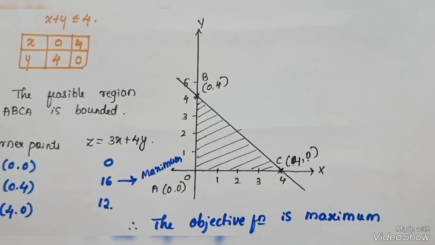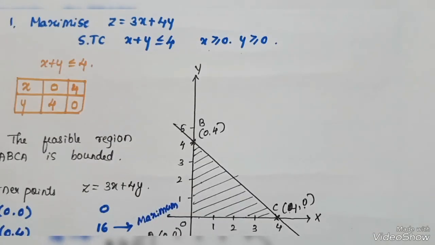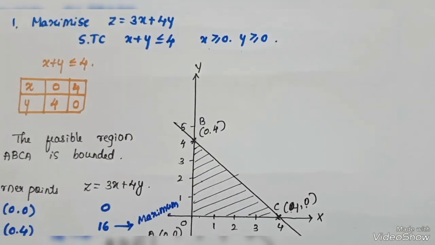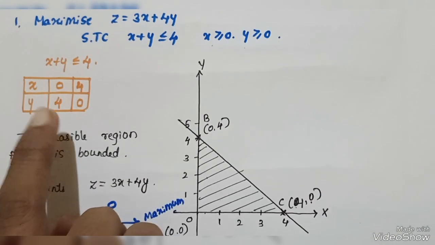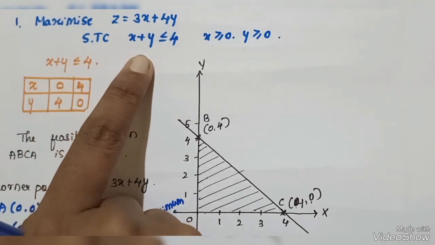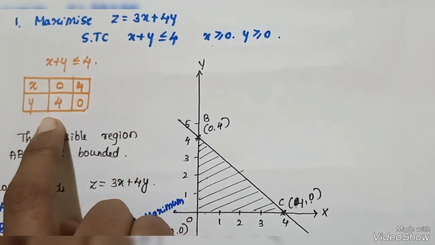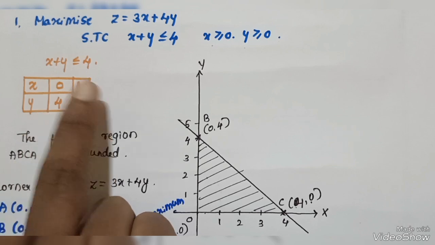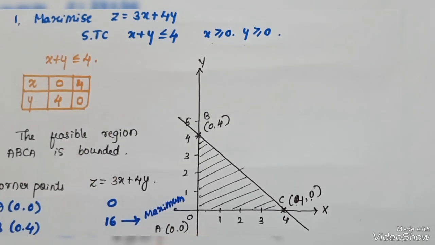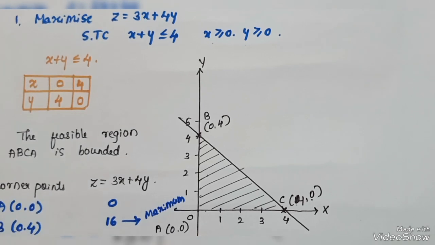Okay, the first step is to check the points for the subject to the constraints. Whatever the given equation, for that equation we have to take the points. Using these points we draw a graph, then find the feasible region. If the feasible region is bounded, then we have a maximum and minimum value.